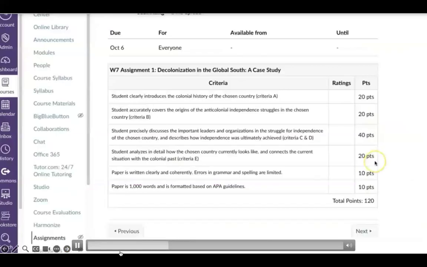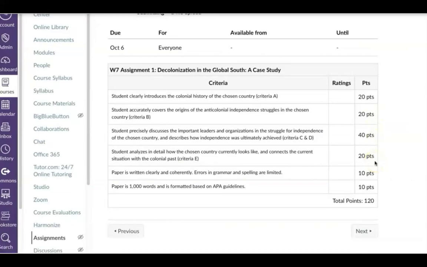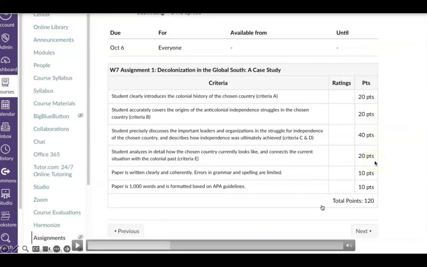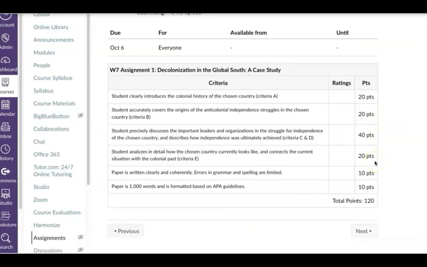Okay, here we go. So 40 points for the next 2 questions combined. And then we have 20 points for criteria E, question set E, and 10 points each for writing clearly and coherently and grammar and spelling. And then 10 more for making sure you hit the word limit and following APA guidelines.